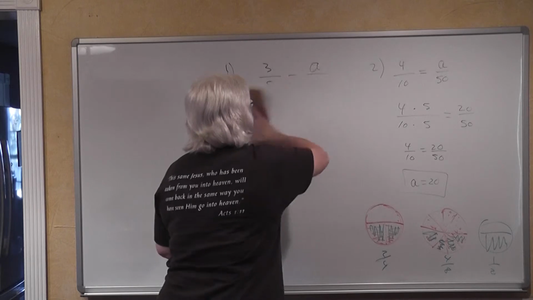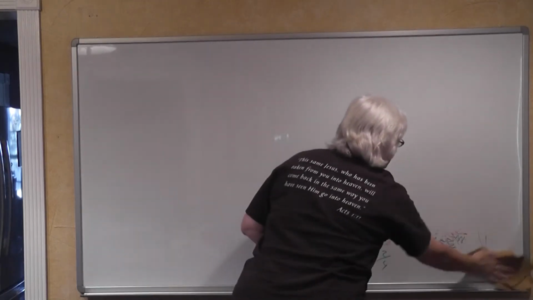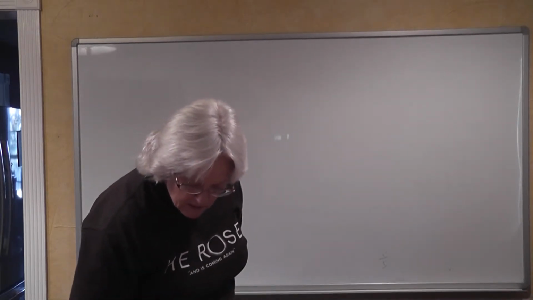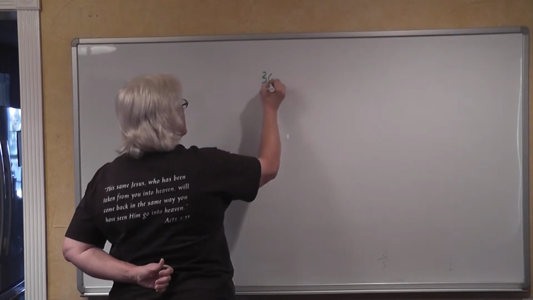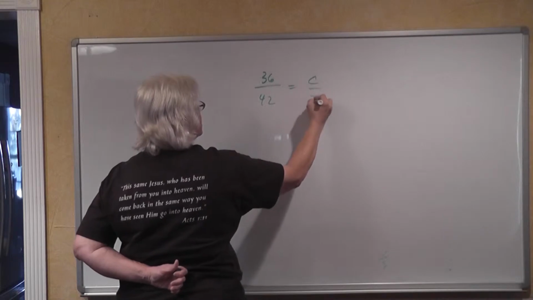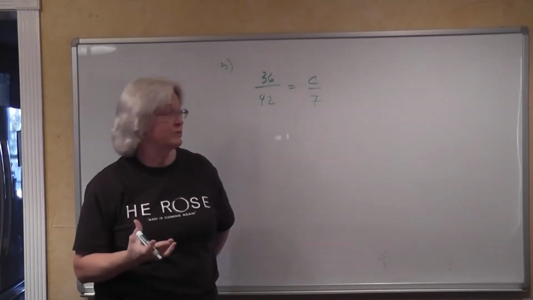So let's go ahead and look at an example at skill check number 3. And that one is 36/42 is c/7. 36/42 is equal to c/7, and they want us to figure out what c is equal to.